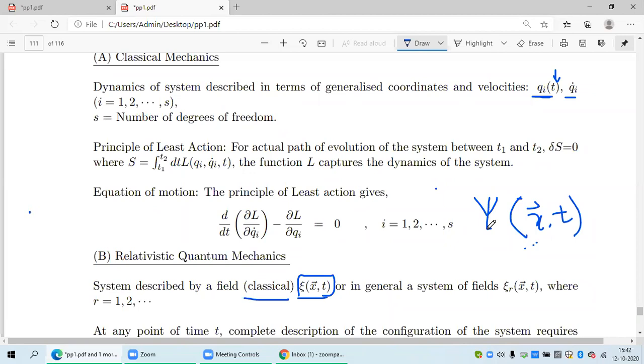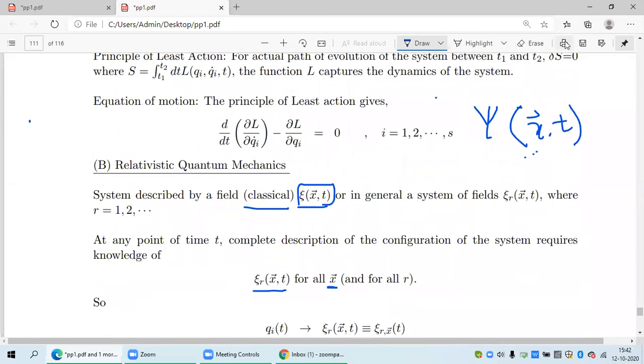Now here, this entire field describes your system. That means at any particular time, you need the entire functional form to describe the system, which means you need values of the function at all points of x for that time.